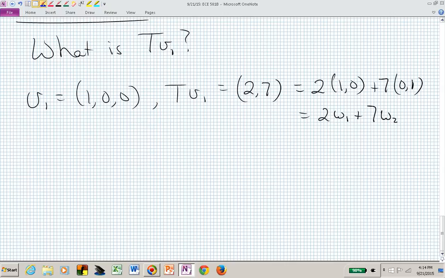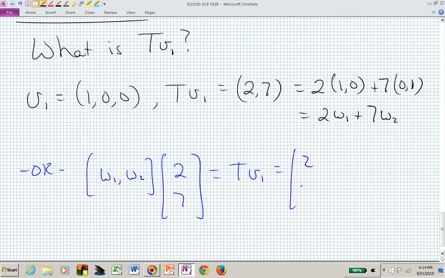Or we could think of this, if you thought of W1 and W2 more as columns, 1, 0, and 0, 1, now you could build up this result, TV1, which would be 2, 7.